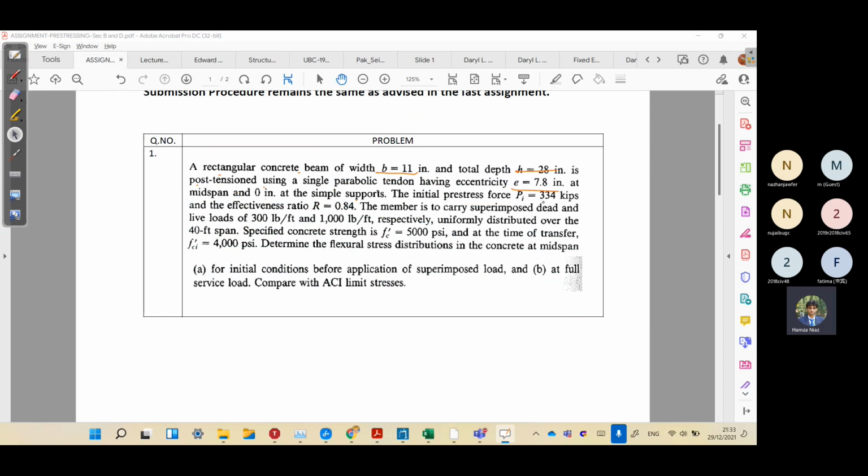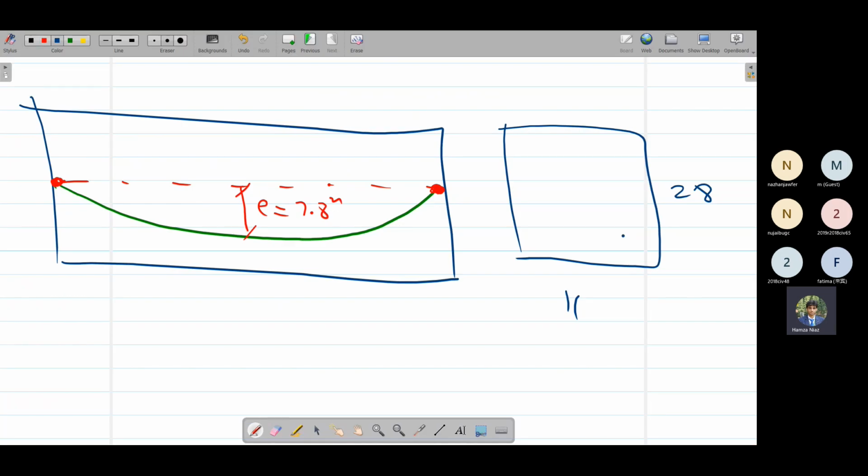Initial pre-stress force PI was 334 kips and the effectiveness ratio R was 0.84. R, the effectiveness ratio, we can use to calculate PE, the effective pre-stress force.